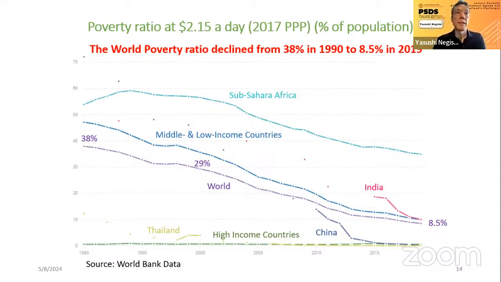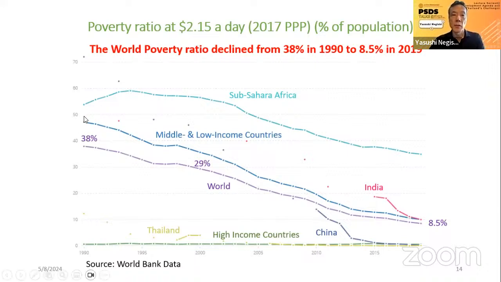This is the poverty ratio at $2.50 a day, percent of population. This $2.50 is the borderline. So those people under this income level are considered people in poverty.